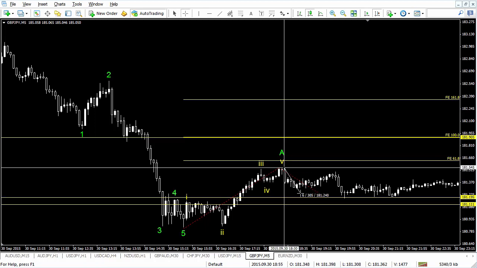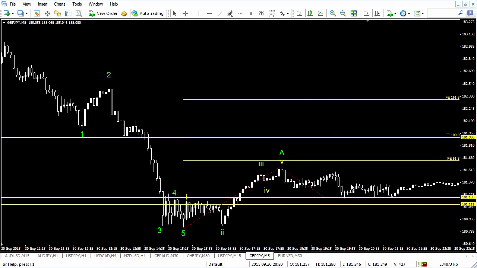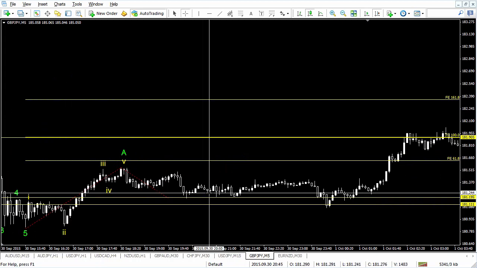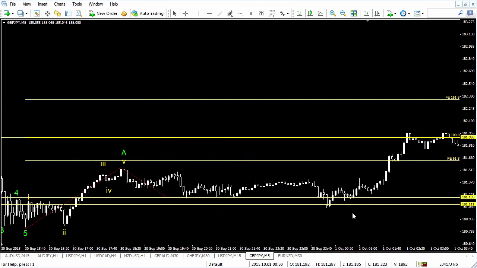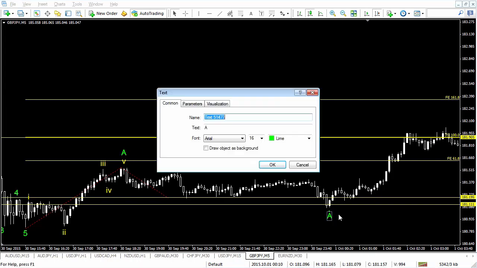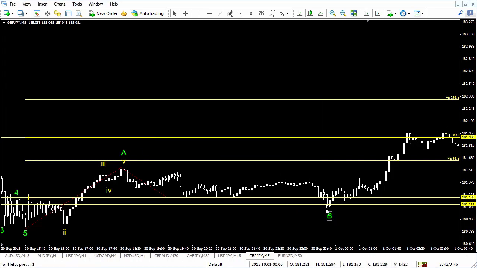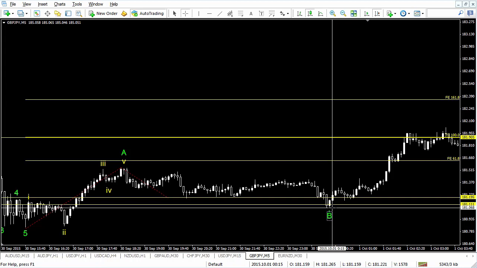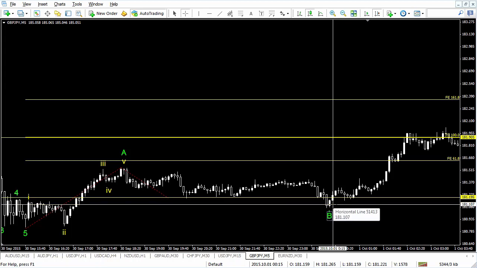So after that, we had a perfect 3-wave move over here, but price continued to push lower, and right now we can see that the wave B found support and ended at 180.106, a few pips below our second entry that was at 180.110.